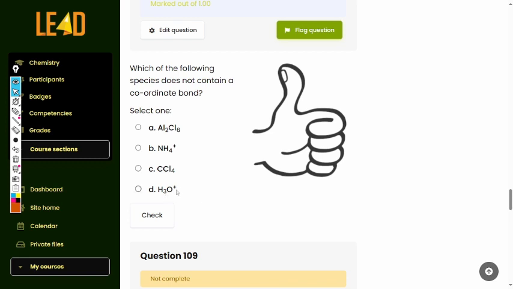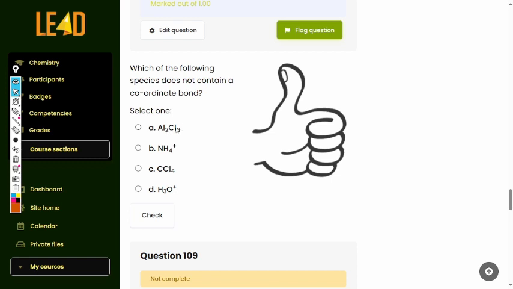So the lone pair in water is shared between water and the hydrogen plus ion. Ammonium is also formed from a coordinate bond. Okay, so you have a lone pair from ammonia plus hydrogen ion, and then they share the electron. Same thing for aluminium chloride here.